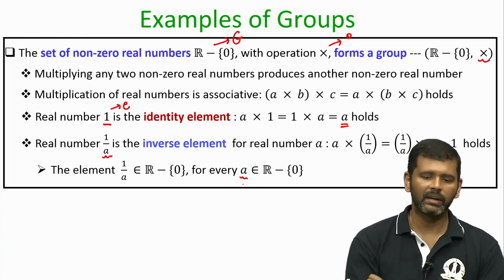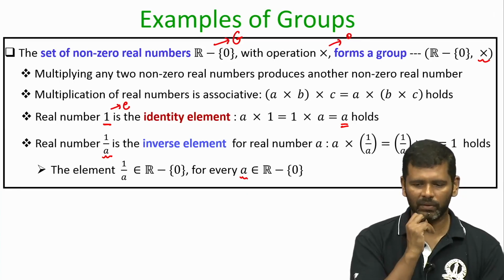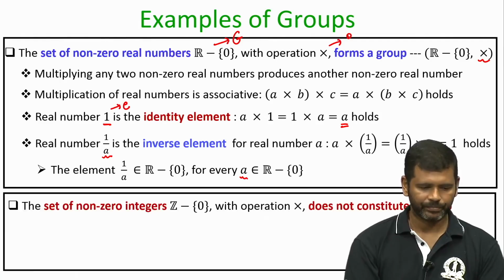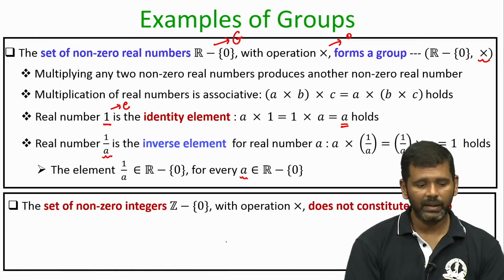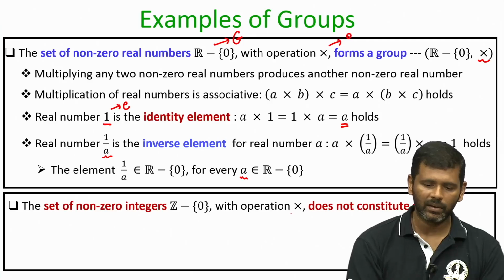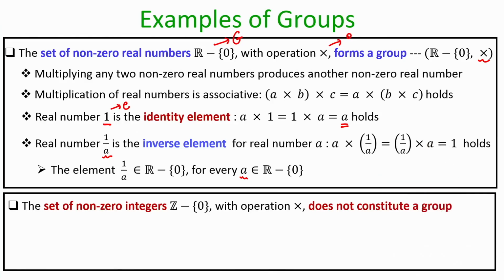So, 1 over A indeed exists and it belongs to the set of non-zero real numbers. So, all my 4 group axioms are satisfied, and hence this set constitutes a group. Whereas, if I take the set of non-zero integers, then it does not constitute a group with respect to the multiplication operation. Now, let us see which property gets violated.